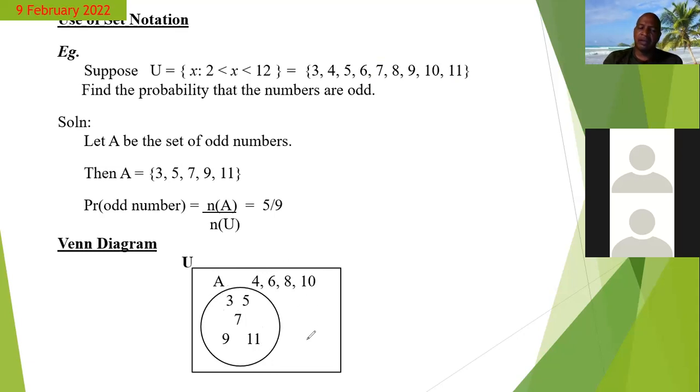Remember, all those members that are not in set A are the complement of set A, and another name for complement is the prime, so we could say A prime. These are concepts we would have gone through in sets already, so I'm not going to go into the details of explaining some of these, all right?